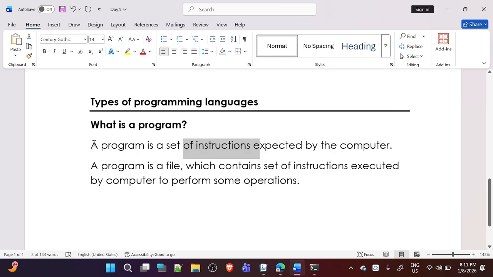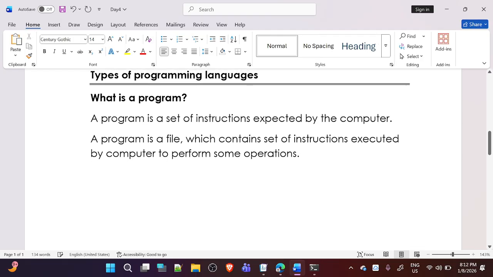If a computer is executing a program, can we say the computer is executing the instructions? Because a program contains what? A set of instructions, and those instructions can be executed by the computer to perform some operations. Is this clear?